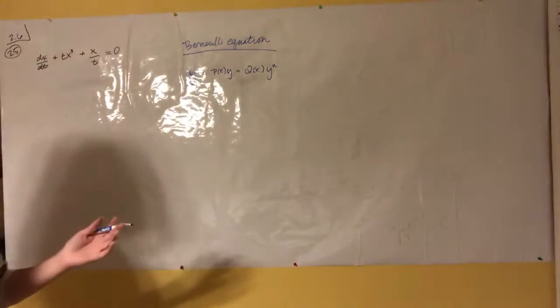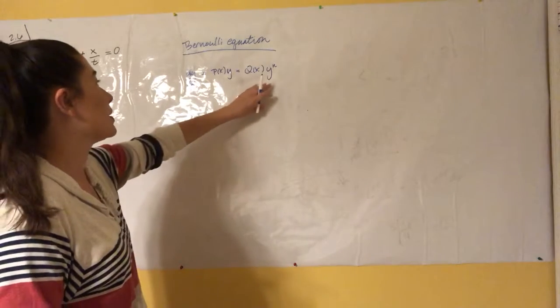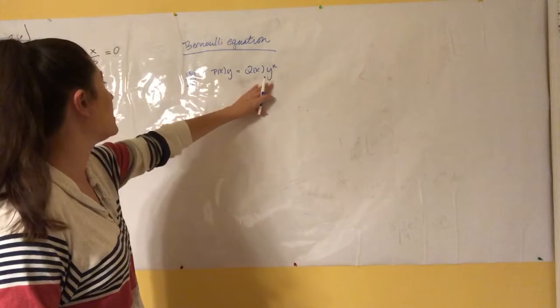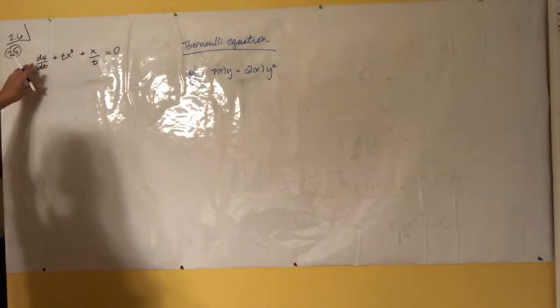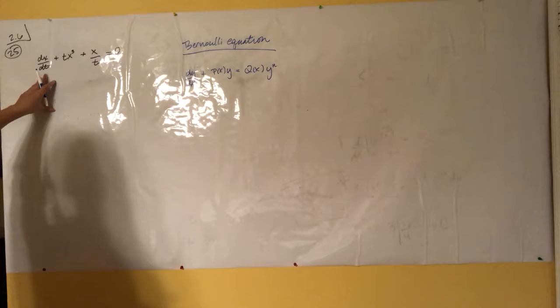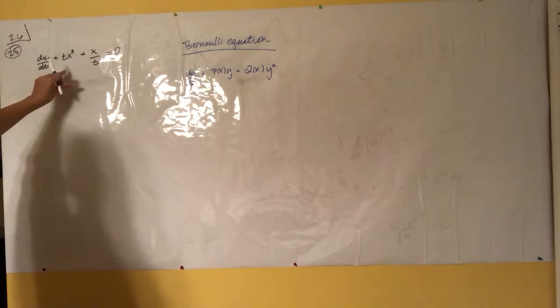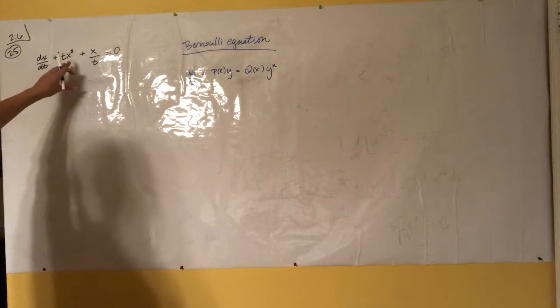So again, a Bernoulli equation is similar to a linear equation except for the y to the n power on this side. Okay, so in this case, the dependent variable is x, and the independent variable is t. And you can see that in this problem, there is an x to the third power, so the dependent variable is to a power other than 1.